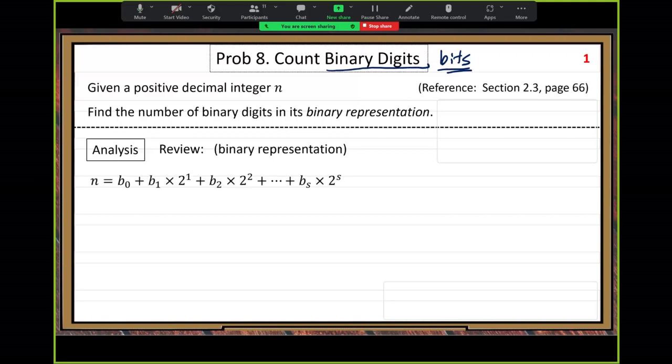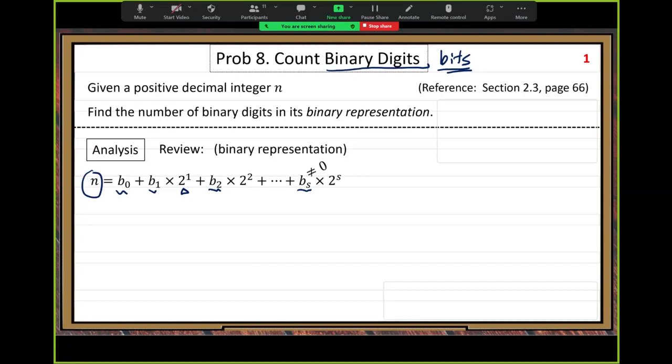So let's use the basic formula there: how to represent a decimal integer n in binary representation, base 2. Binary means the base is 2. And the bits are the coefficients. Those are the bits we use to represent this integer in the binary form.